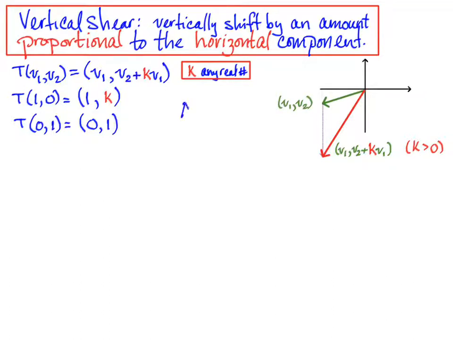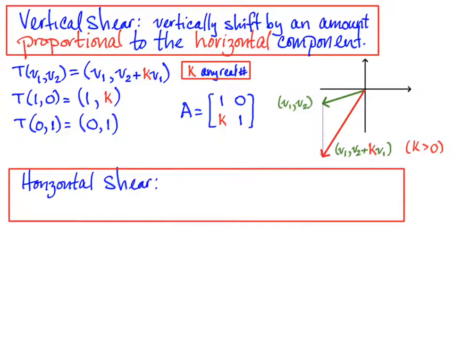Let's see what the matrix looks like. So the matrix A is going to have 1, K as the first column and 0, 1 as the second column. And that is different from a vertical contraction or expansion.